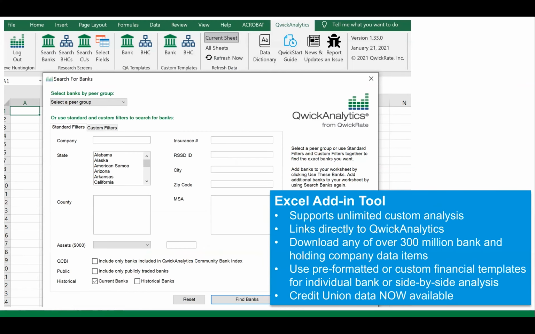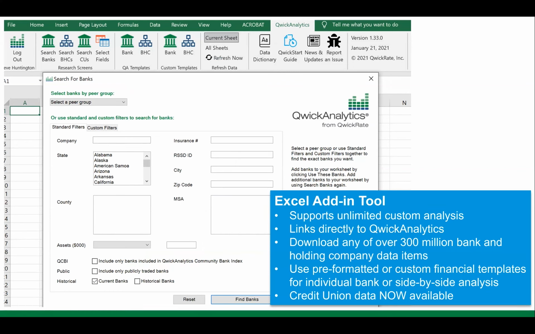Steve referenced our add-in tool. Again, this is something you can download today. When you do, it will put a QwickAnalytics selection up on your toolbar. You log into the add-in tool with your same username and password that you have for QwickAnalytics.